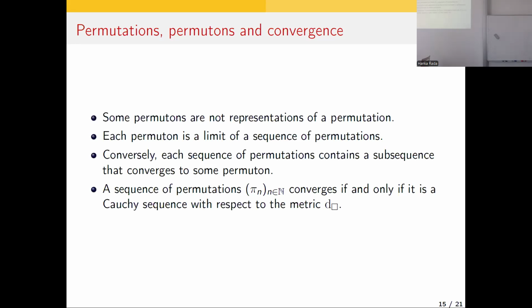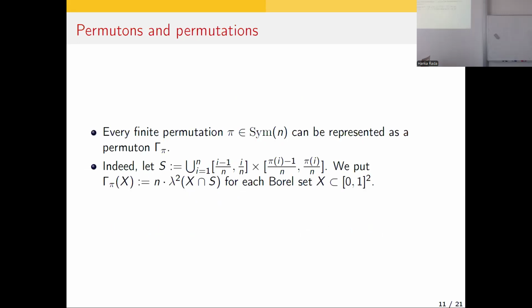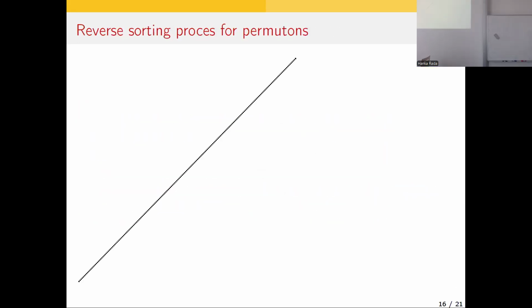And vice versa, every sequence of permutations contains a subsequence that converges to some permuton. In fact, every sequence of permutations converges to a permuton if and only if it is a Cauchy sequence with respect to the rectangular norm.